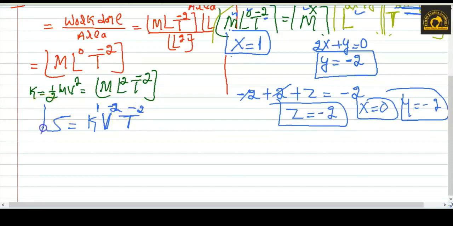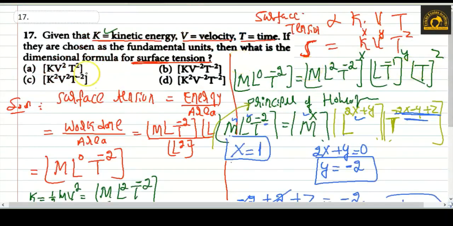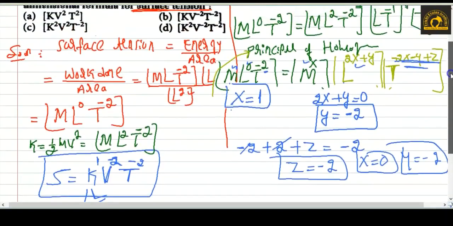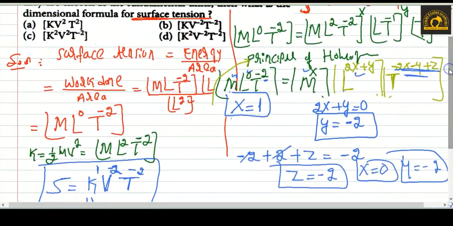So the final answer is the surface tension is equal to k to the power of 1, v to the power of minus 2, t to the power of minus 2. So which answer is correct? Option B is the correct answer for this question.